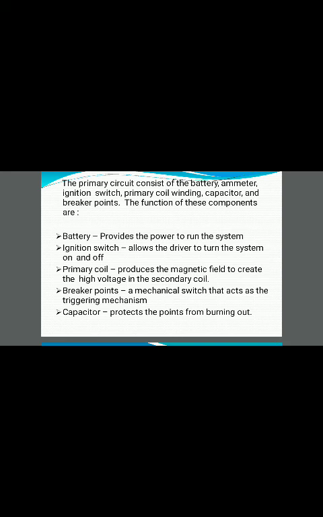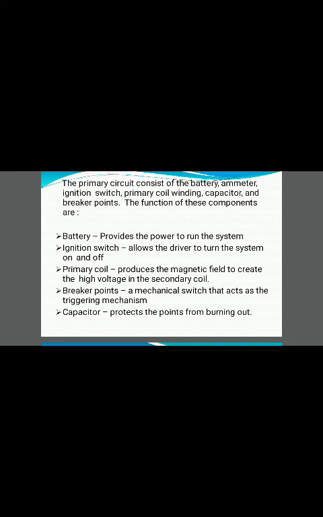Primary coil: the primary coil produces a magnetic field to create the high voltage in the secondary coil. So the role of the primary coil is the production of the magnetic field to create the high voltage in the secondary coil.